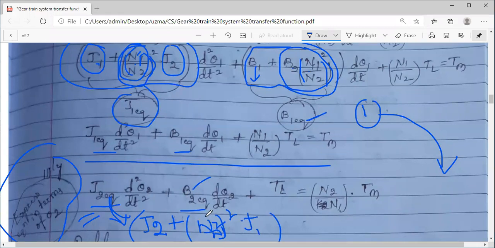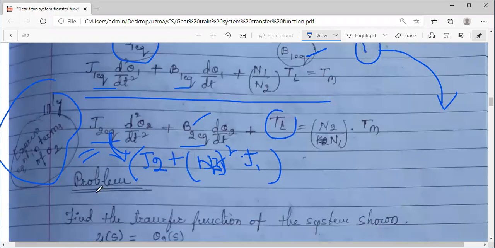Similarly for B, it is B2 plus N2 by N1 square into B1, plus whatever the torque, even torque gets changed, that value you should mention. Whenever we reflect one shaft's values, generally called mechanical impedances, onto the other shaft, the destination shaft parameters will not change, but the source values will change. Remember this.